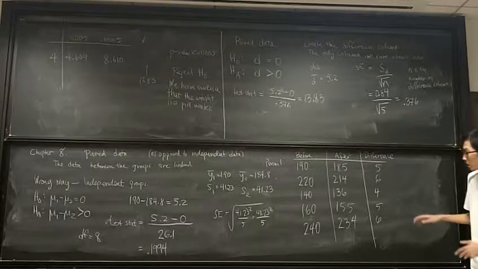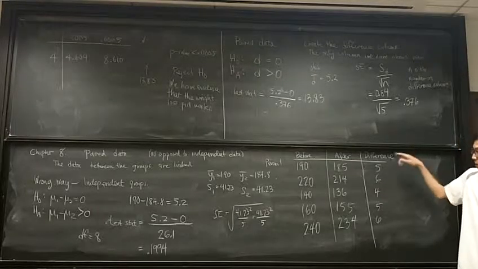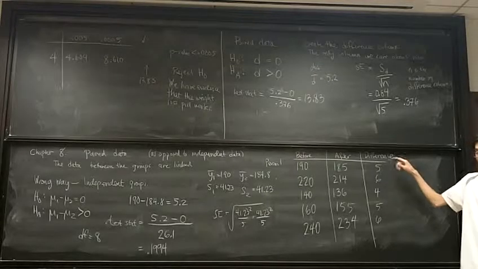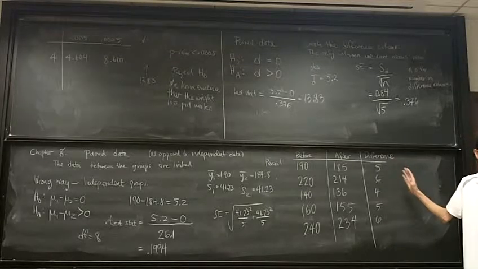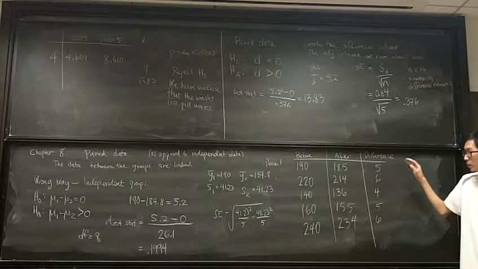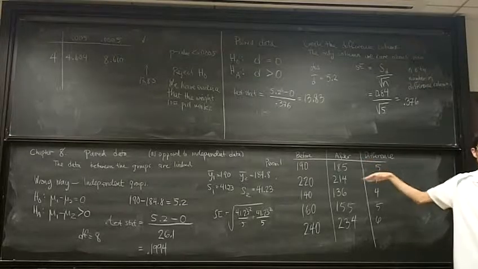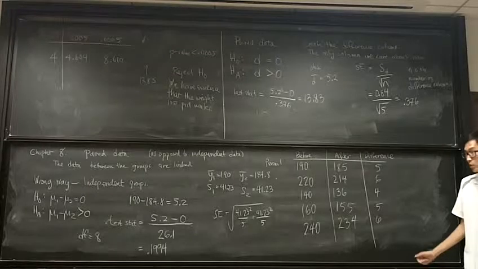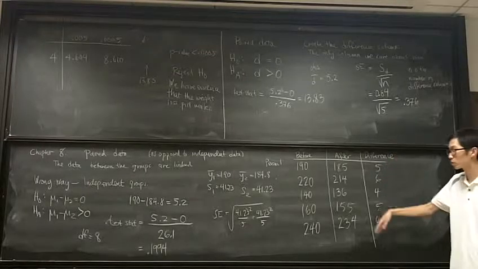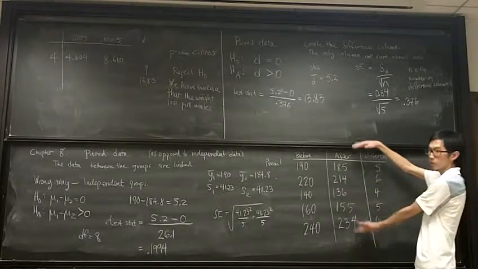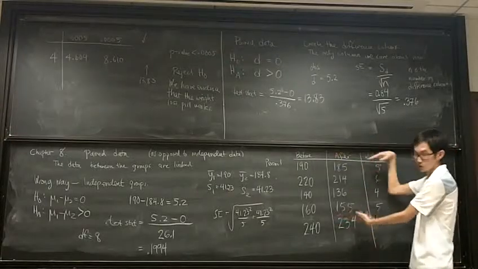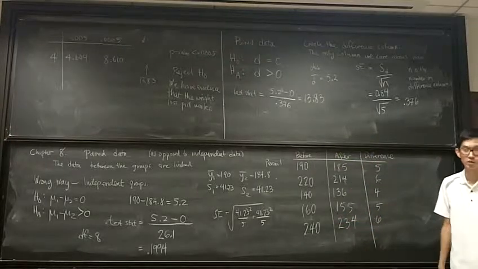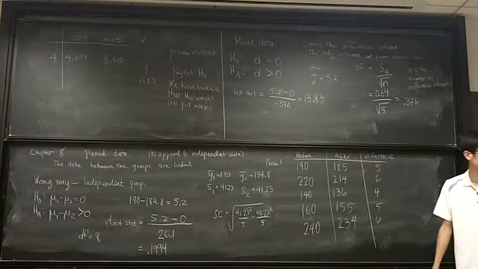The paired data allows us to zero in on the difference, and by pairing it, we've taken into account everybody's individual differences. Whereas when you treat them as independent groups, we're just grouping this all as group 1 and group 2, and that difference is lost.